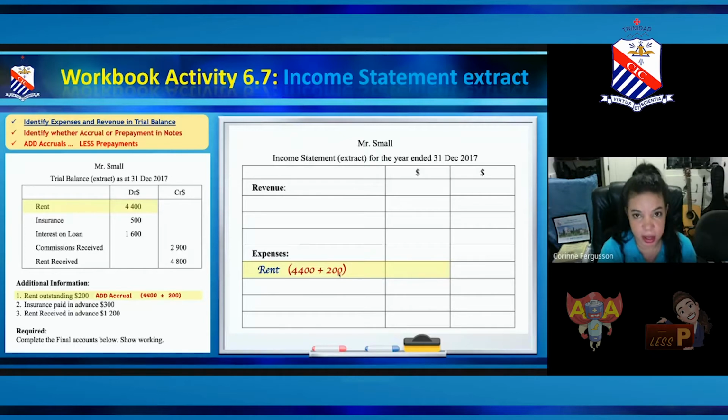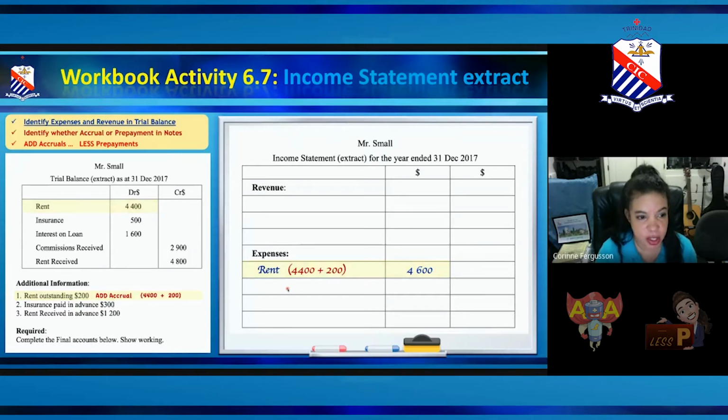So you add 200. And the answer you get, you would put it in usually the second column, the middle column. But when we are doing the full income statement with all 3 columns, you would see better which column it goes into, right? So your answer, 4,400 plus 200 gives you 4,600.